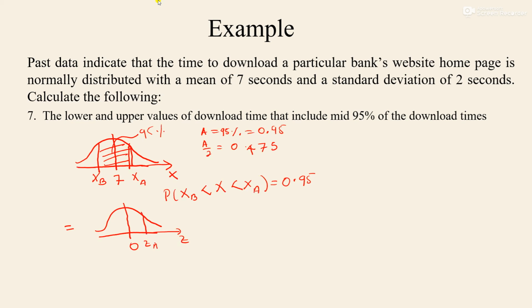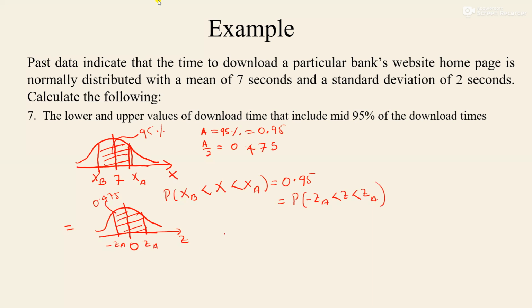ZA is minus ZA. 0.475. So this is equal to the probability of minus ZA less than Z less than ZA. Right?